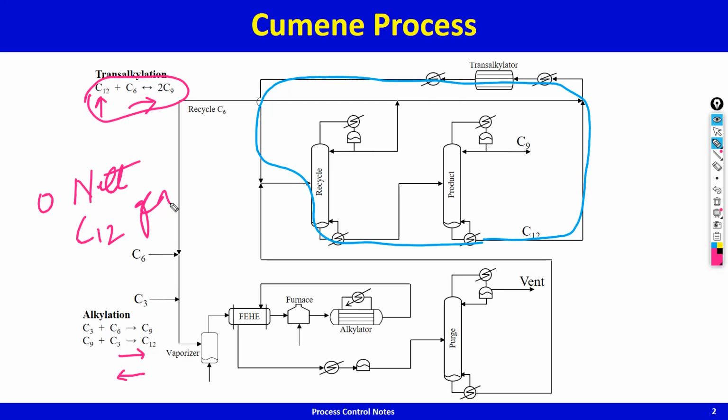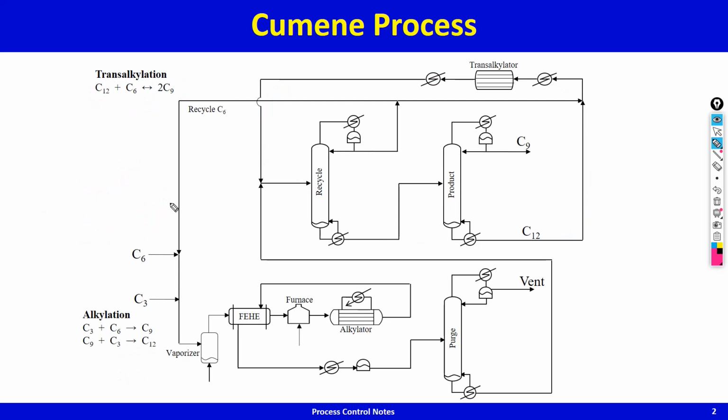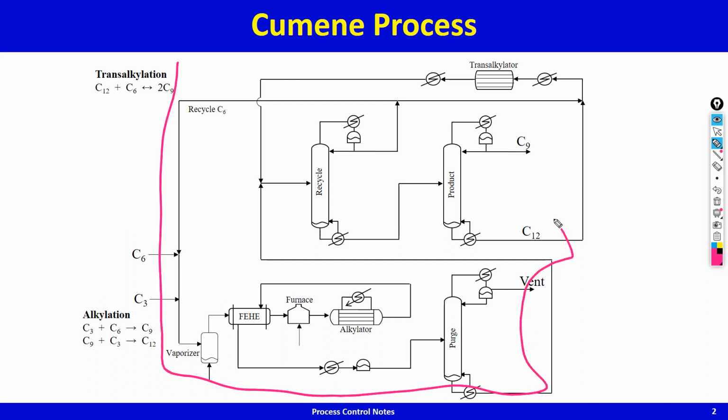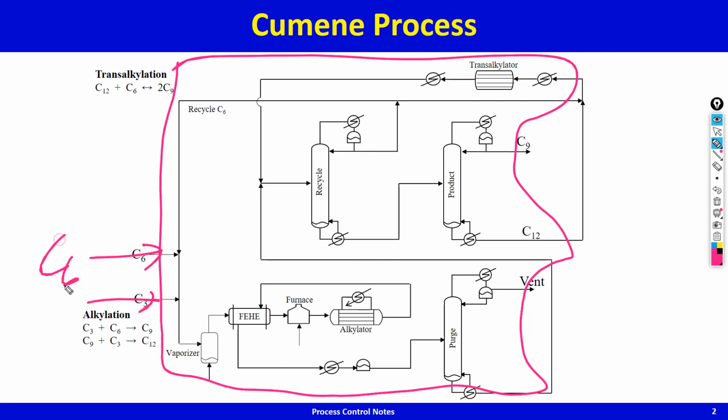So that's how this process works. If you look at the input output structure of this process, you're putting in C6, you're putting in C3, you're taking out C9, and you're venting C3s, propane, inert propane that enters with the C3 feed, and any unreacted propylene.